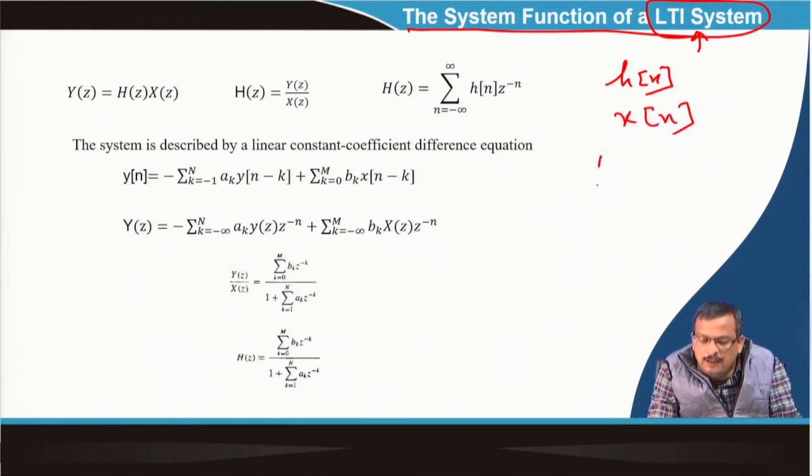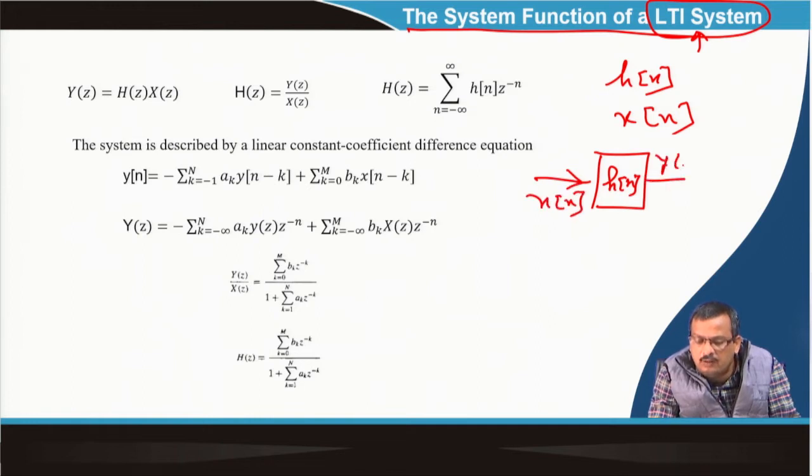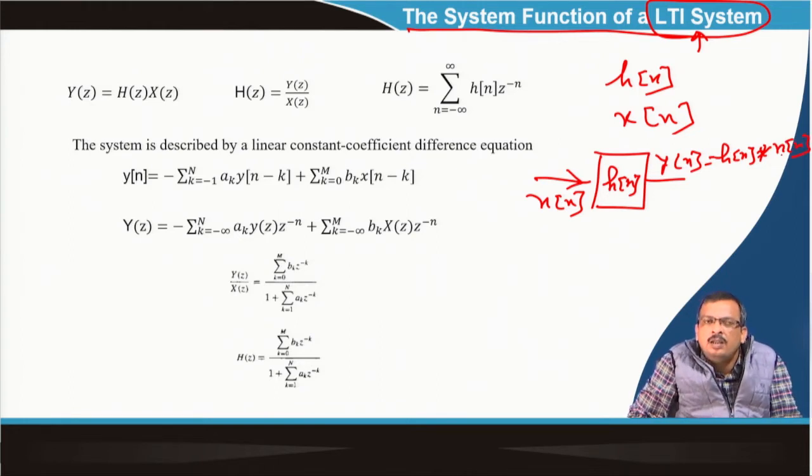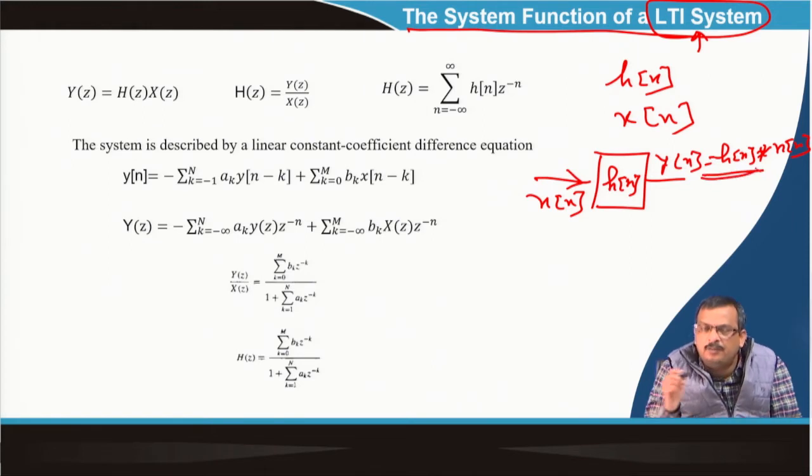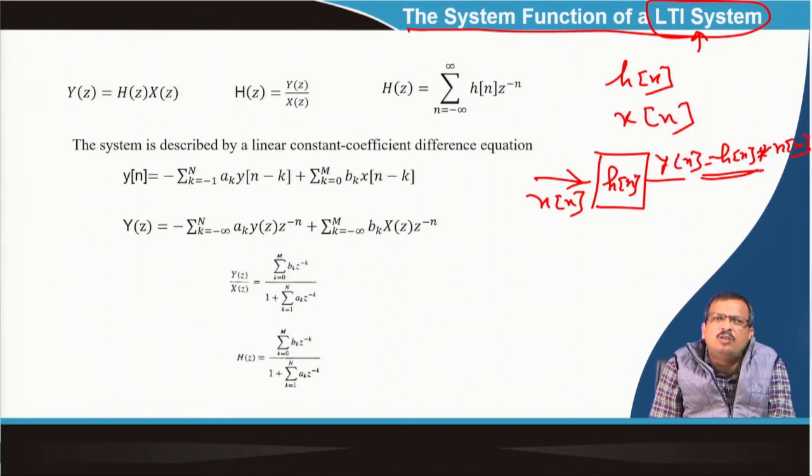So, I know if I have a system h[n], and I apply an input x[n], I get y[n], which is nothing but the convolution of h[n] with x[n]. Now, instead of direct convolution in the time domain, what can I do in the z domain? Suppose I want to find the transfer function of h[n] in the z domain.